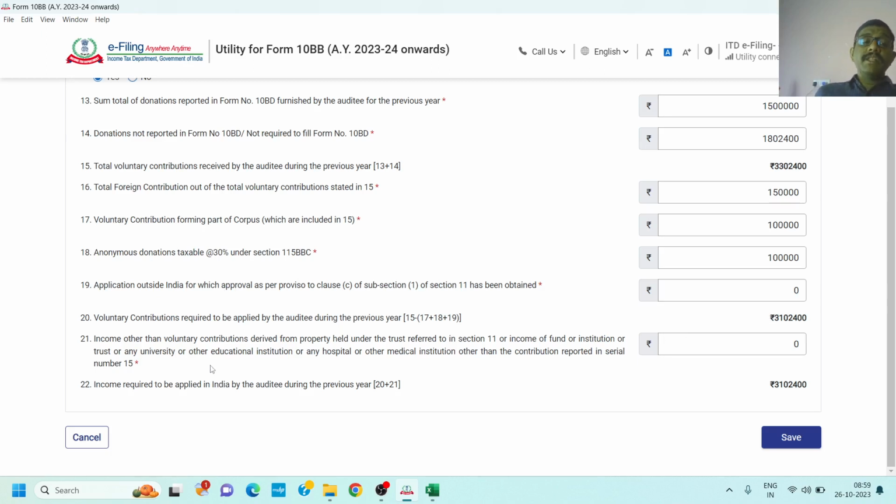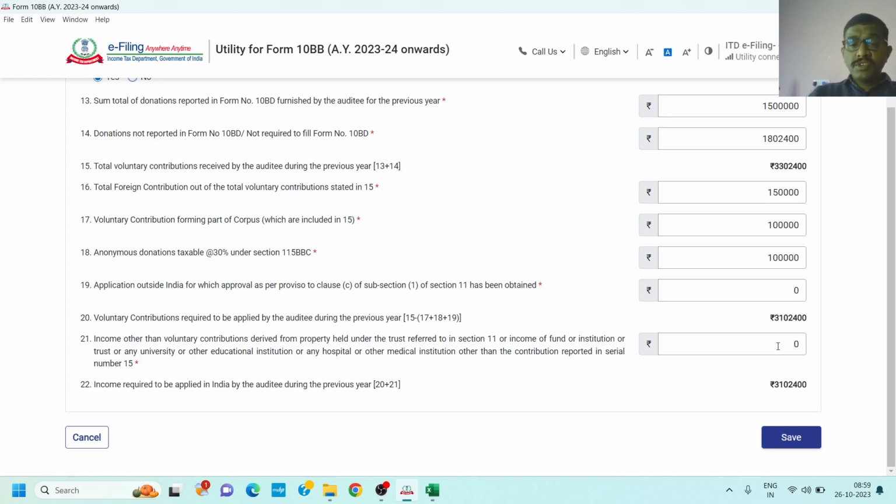Clause 21: Income other than voluntary contributions derived from property held under trust referred to in section 11, or income of the fund or institution or trust or any university or other educational institution or any hospital or other medical institution, other than contribution reported in serial number 15.